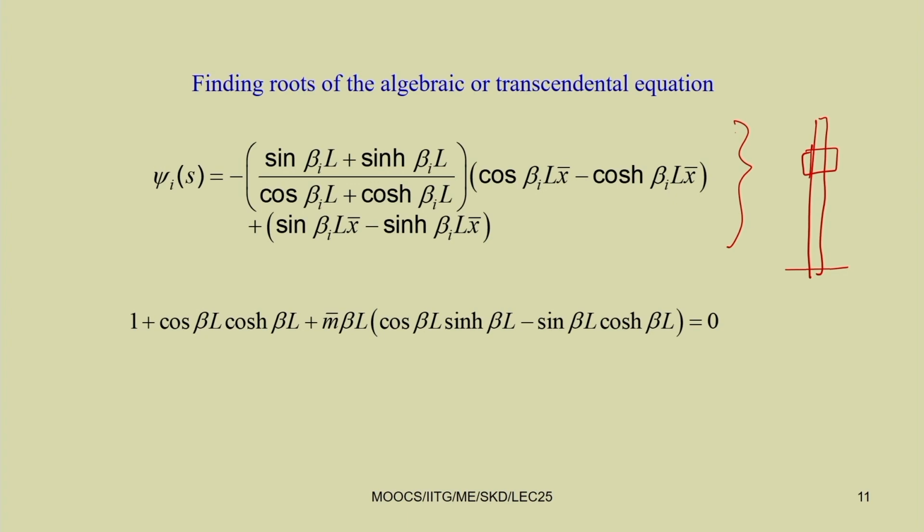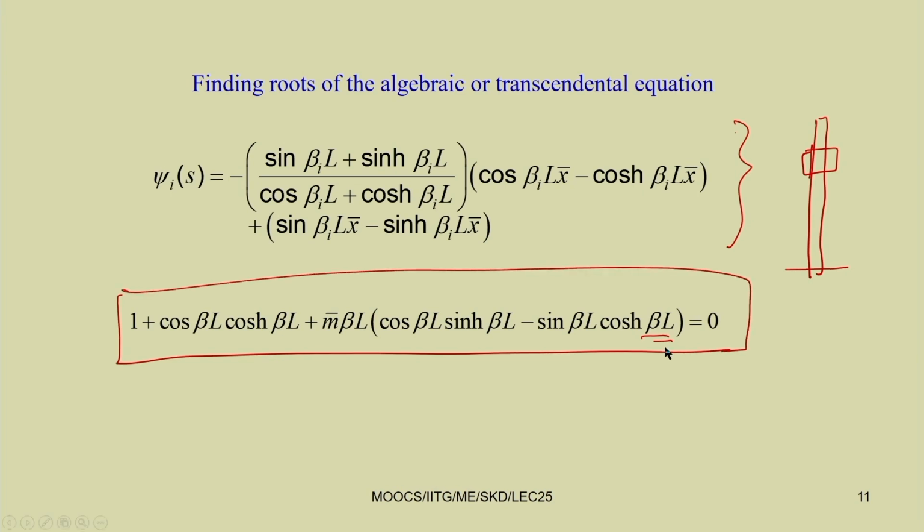To find this beta L value, we must solve this equation, which is known as the characteristic equation. This characteristic equation has to be solved numerically to find this beta L value.